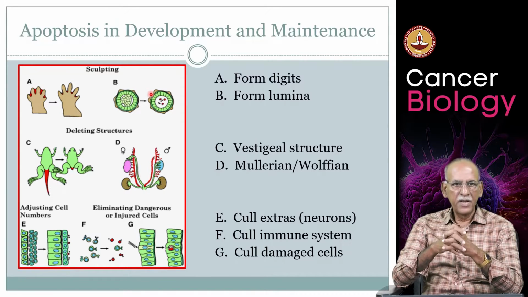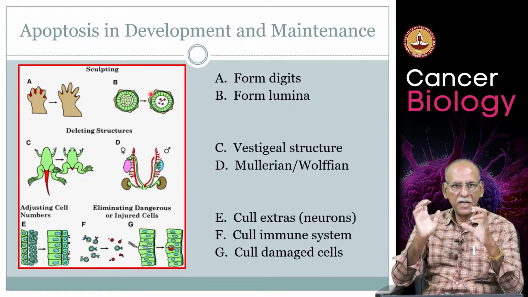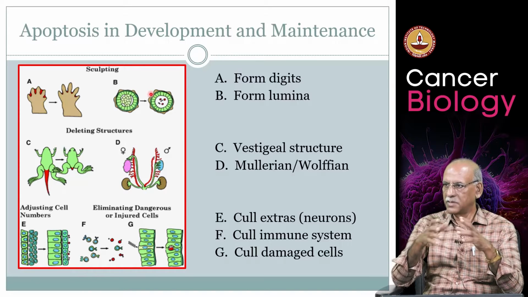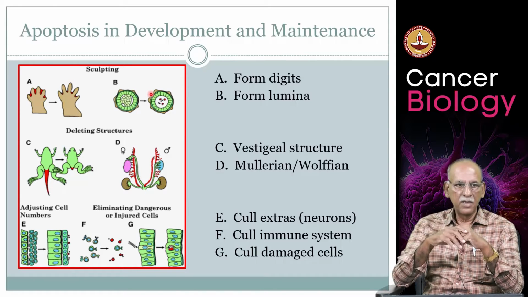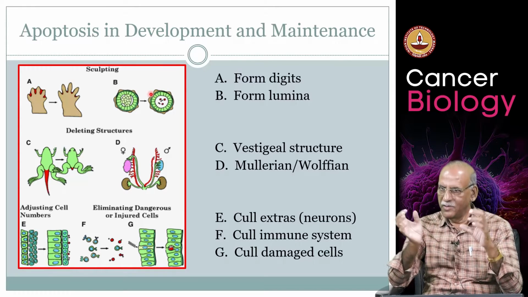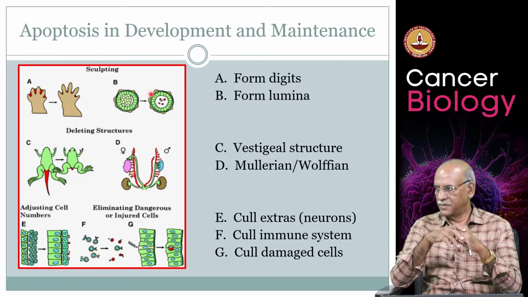Not only that, in some organisms there must be some set number of cells, 1000 cells or 2000 cells, something like that, for that organism. But during the initial stages of development, the cell number will be more. So, you have to reduce that cell number by eliminating the unwanted cells.